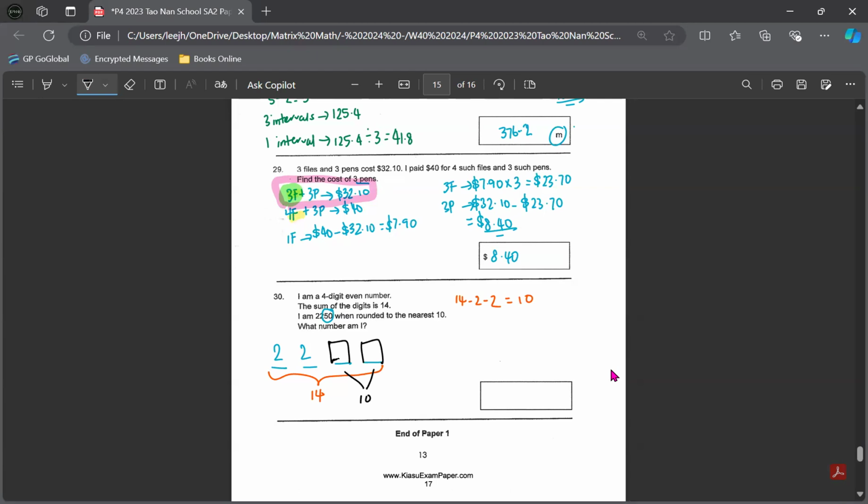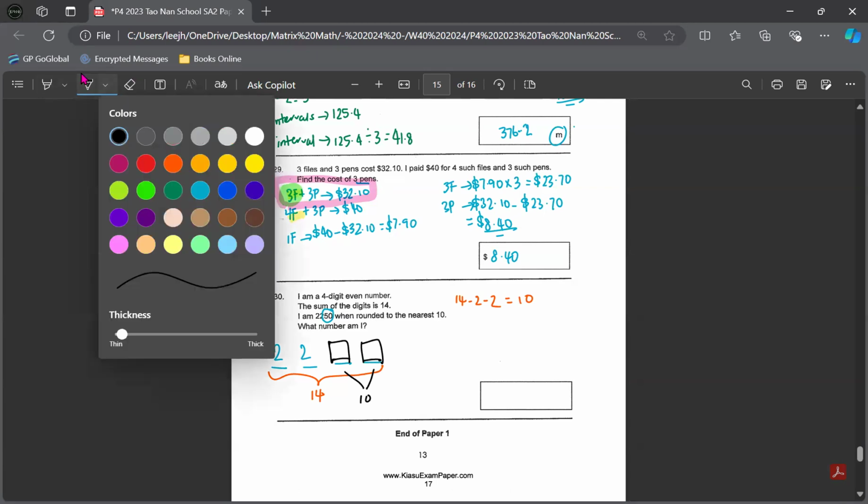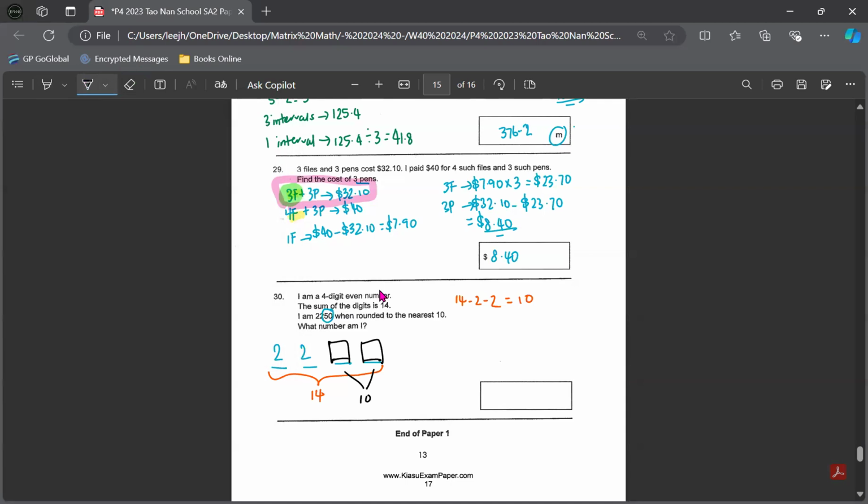You know your number bonds of 10, right? There are many number bonds to get 10. So you list them out: 0 plus 10, 1 plus 9, 2 plus 8, 3 plus 7, 4 plus 6, and 5 plus 5.